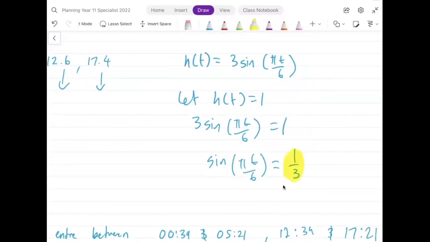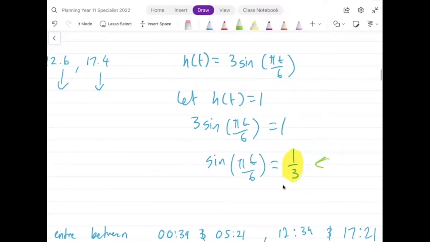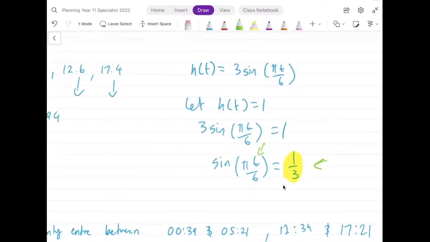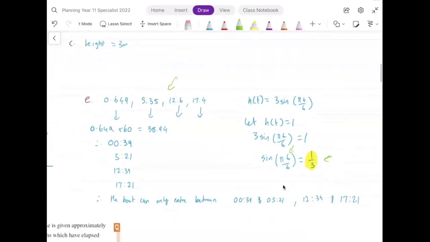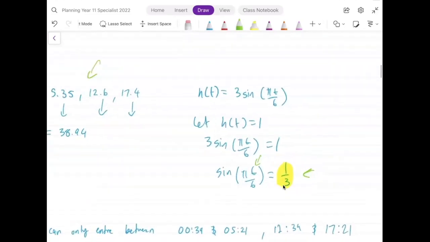It's relatively straightforward. However, if this gives me an exact value, I may be able to find an exact value for t, in which case I could do a question like this in a tech-free format. If I have exact values, I should get nicer values for my hours, which will make it easier to convert into times. So just note, whilst we did do this one tech actively, it could also be done in a tech-free fashion by essentially just solving this trig equation between 0 and 24 hours.